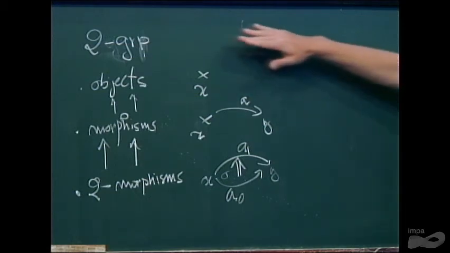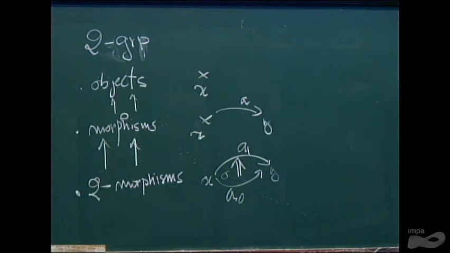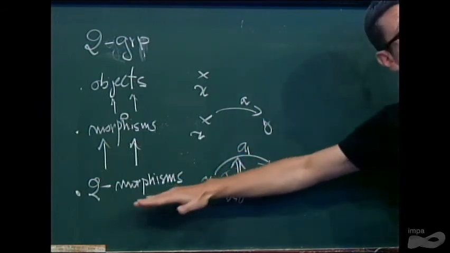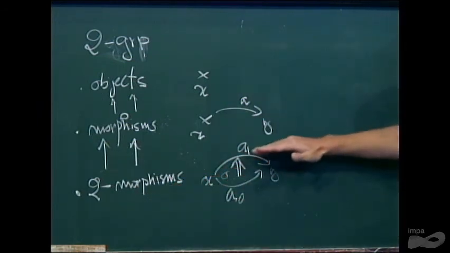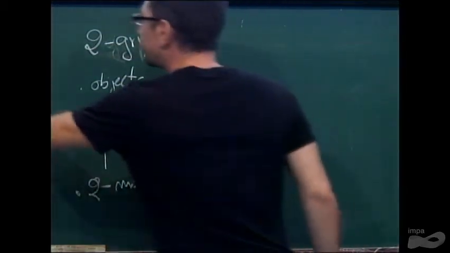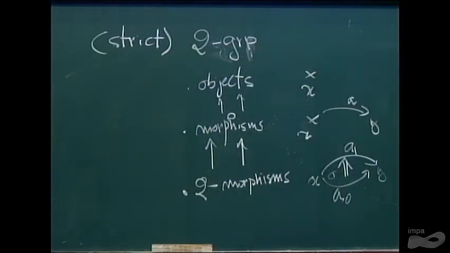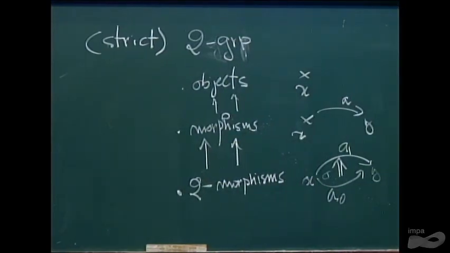So just think of a usual groupoid, and you add this extra layer of morphisms between morphisms. Of course, you can compose 2-morphisms, horizontally and vertically, but for now, let me say those are strict. So that's a 2-groupoid.